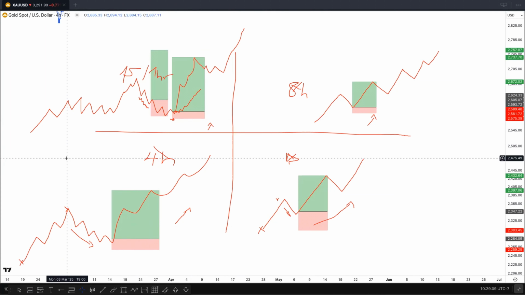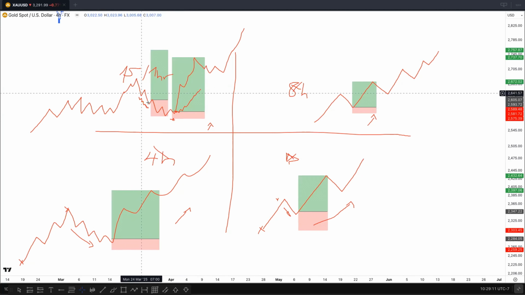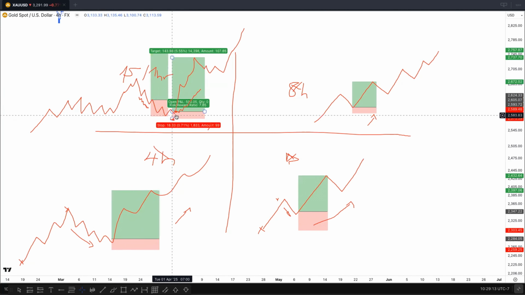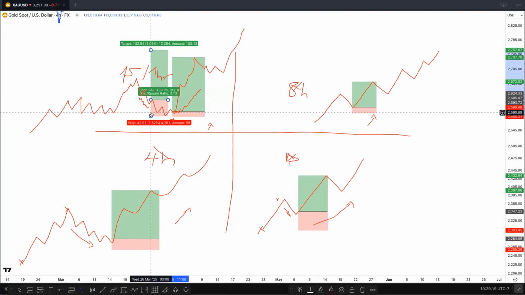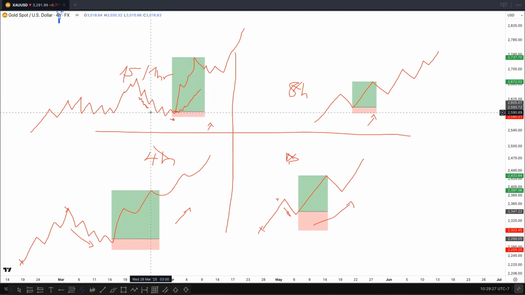But if you do your read correctly, and as the pullback comes in, and then it slows down, and then it starts turning to the upside, even if you put a very tight stop loss, you can still survive this. So the stop loss is based on the structures you're looking at. It's based on the setup. I like looking at it this way: the stop loss is based on everything you've studied.